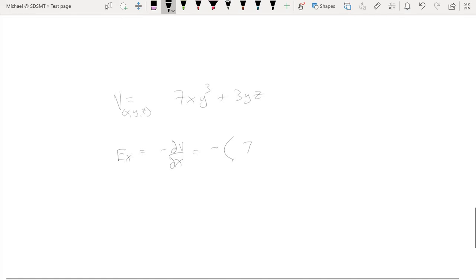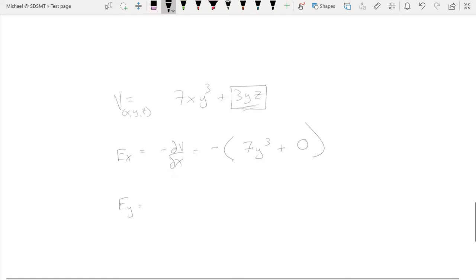That would be 7y cubed plus 0. Why'd the second term go to 0? Well, because the second term did not have any x's in it. And so this whole second term, as far as the partial derivative is concerned, is just a constant. And whenever we take the derivative of a constant, we get 0.